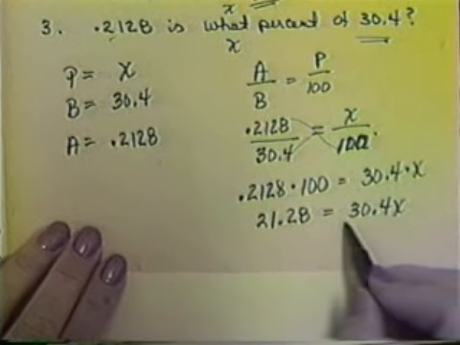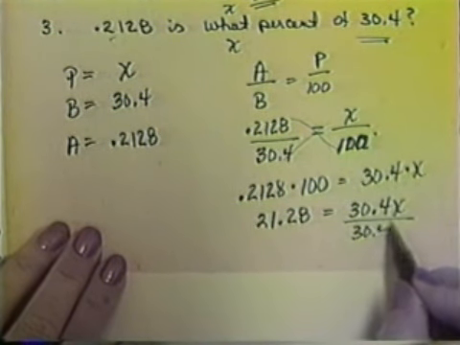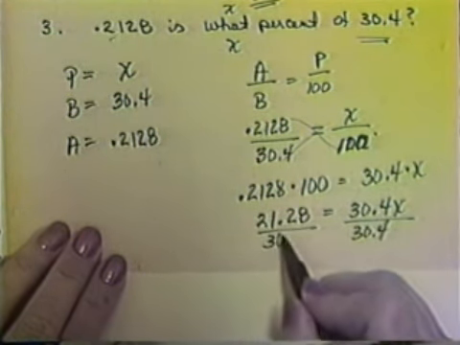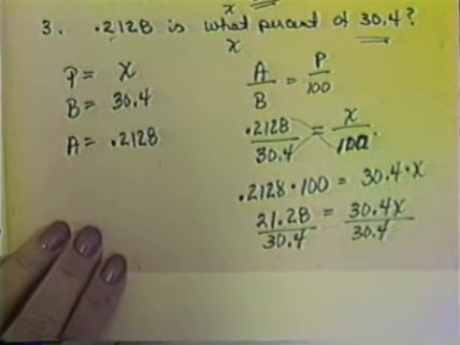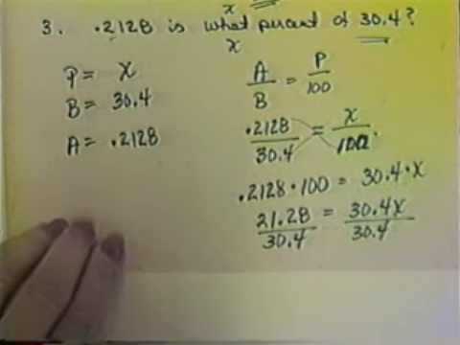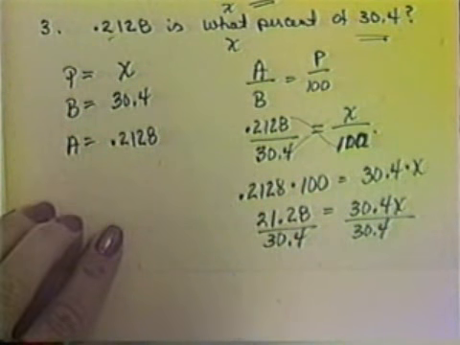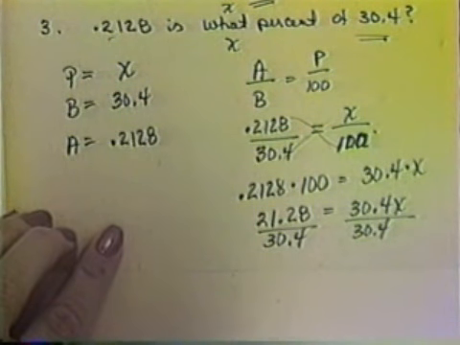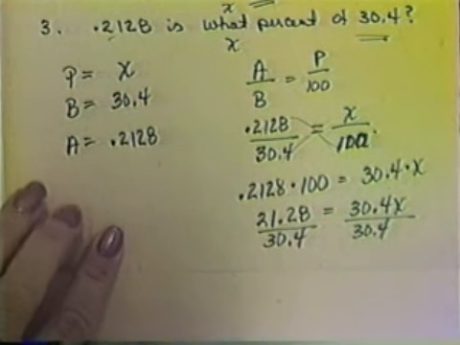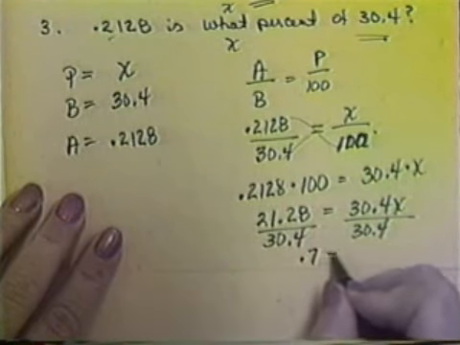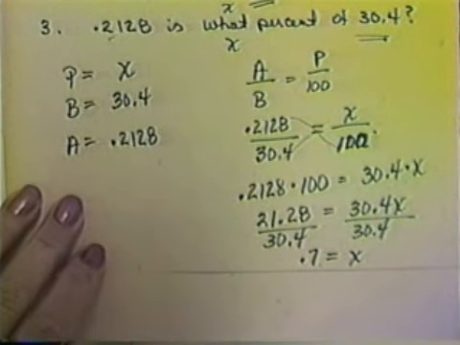To solve for the unknown, we divide by the number that's with it. So we divide both sides by 30.4, and we end up with, let's see, 21.28 divided by 30.4 comes out as 0.7 is equal to x.